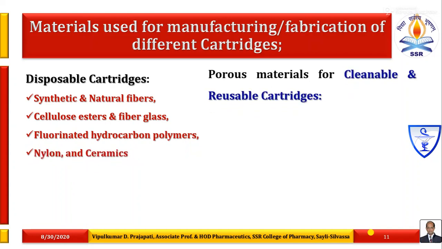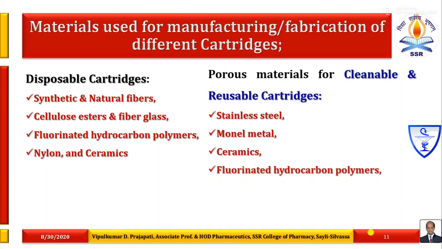For porous materials for cleanable and reusable cartridge filters, stainless steel, that is perforated stainless steel, monel metals, ceramics, fluorinated hydrocarbon polymers and exotic, means non-corrosive, perforated metals are used.